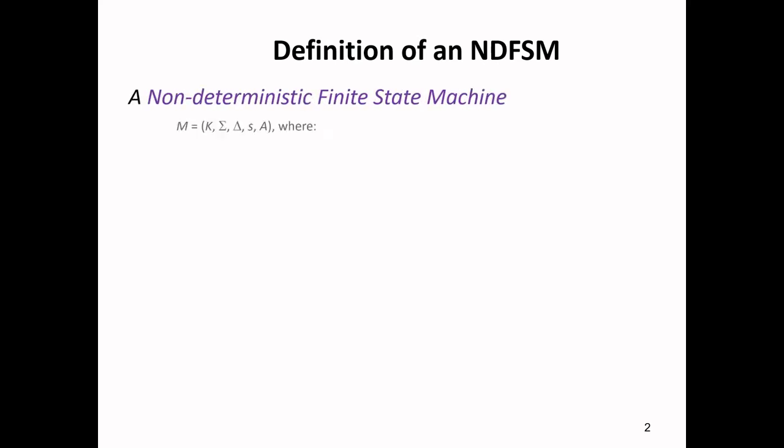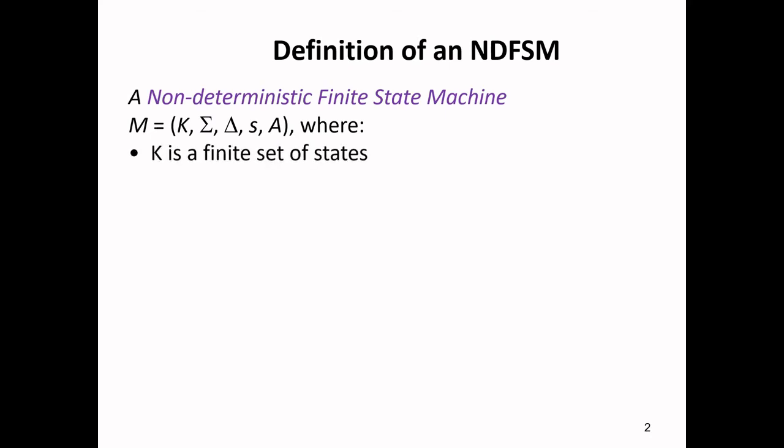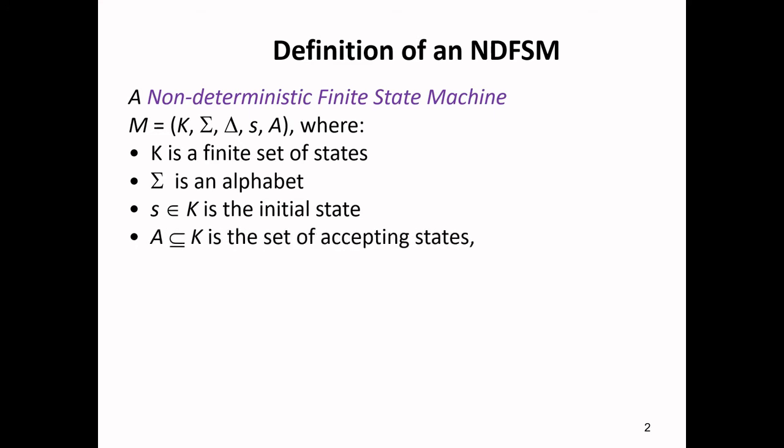A non-deterministic finite state machine M is equal to (K, Σ, Δ, S, A), where K is a finite set of states, Σ is an alphabet, S belongs to K is the initial state or the start state. A is a subset of K, is the set of accepting states or final states.